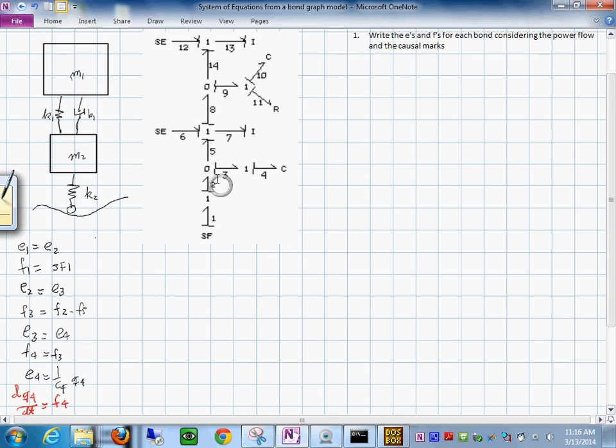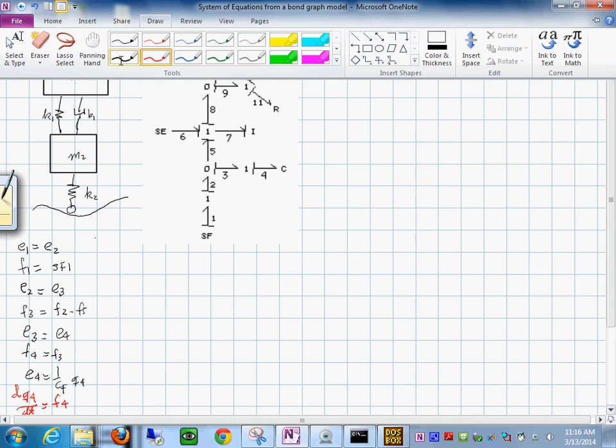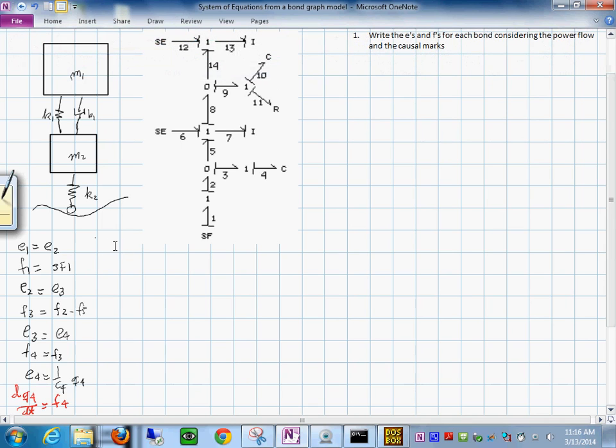So let's continue on. I'm going to use this space for that so that we can see the bond graph, the equations, and the system at the same time. So I'm just going to draw a line in here. And this is going to be E sub 6.